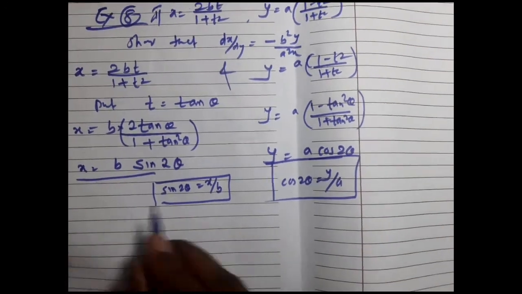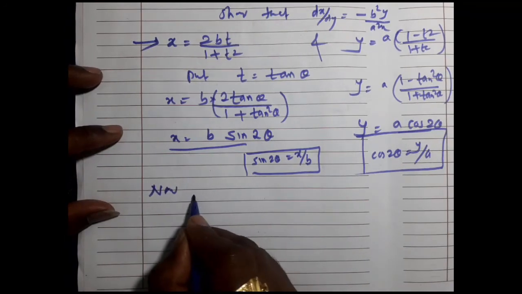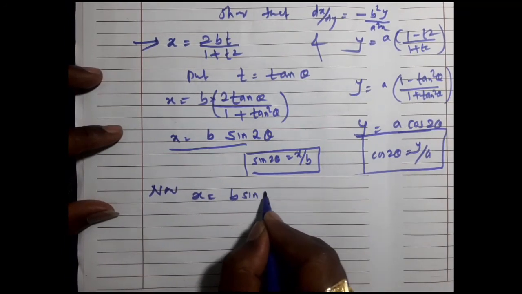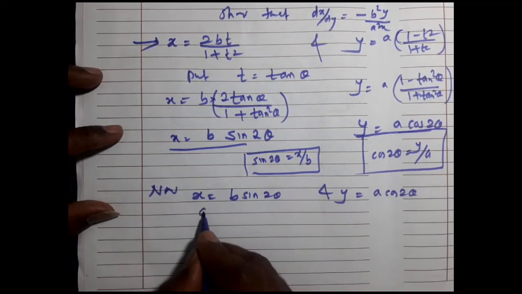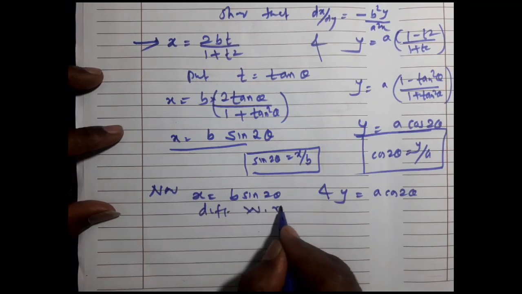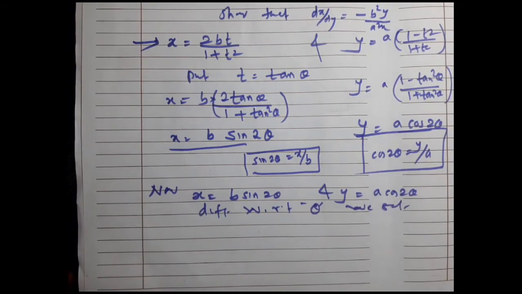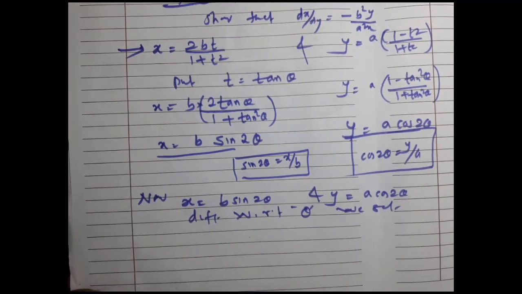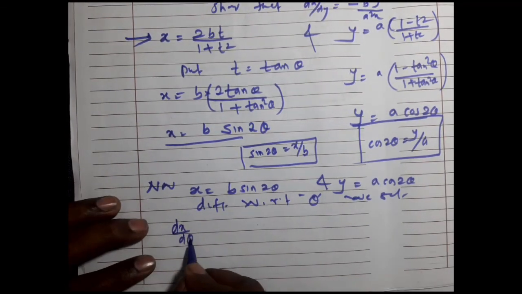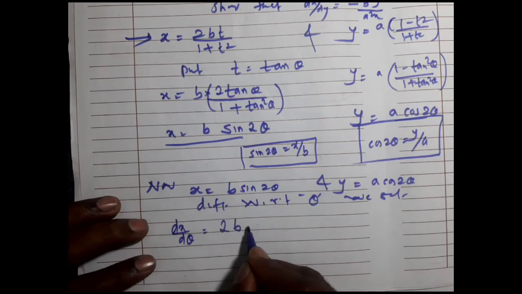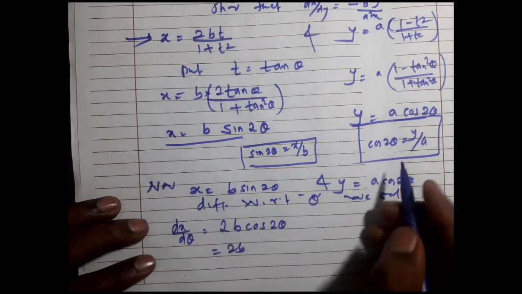Okay, now x is equal to b sine 2 theta and y is equal to a cos 2 theta. Differentiate with respect to theta. We treat theta as a parameter here. So dx by d theta is 2b cos 2 theta. 2b, what is cos 2 theta?